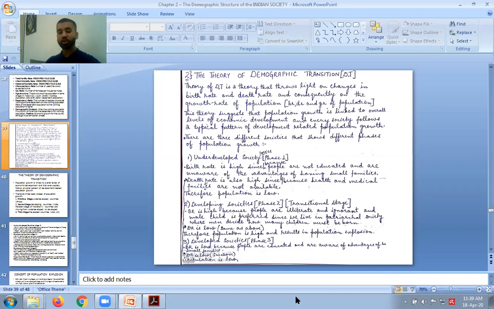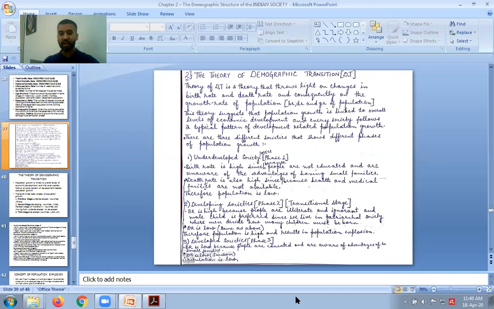Then talking about the death rate, it is also high in these underdeveloped societies. Why? Because health and medical facilities are not available. And as I've already told you, when health and medical facilities are not available, people are more likely to die, right?